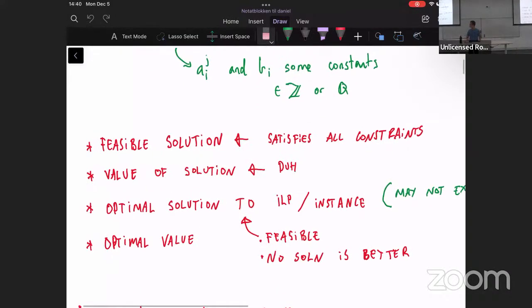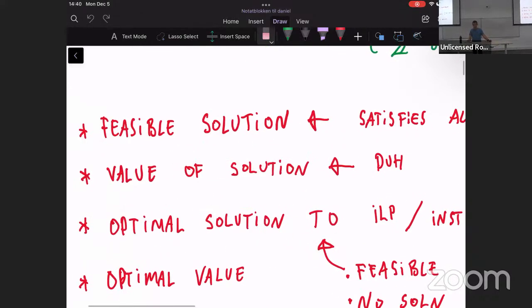A little bit of terminology. A feasible solution is an assignment to the variables that satisfies all of the constraints. If I give you an assignment, it might satisfy all constraints, it might not. If it satisfies all constraints, I'm going to call it a feasible solution. The value of a solution is what you expect it to be: you plug it into the objective function, you see what number comes out, that's its value.